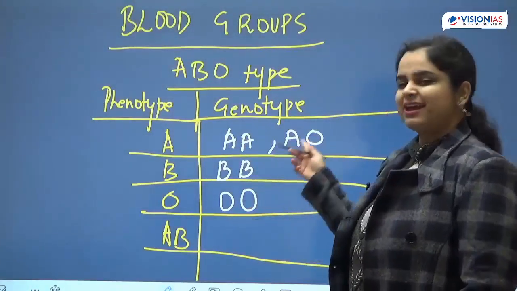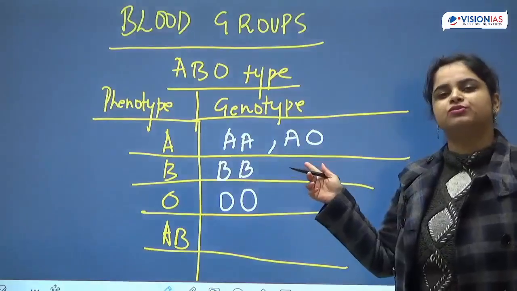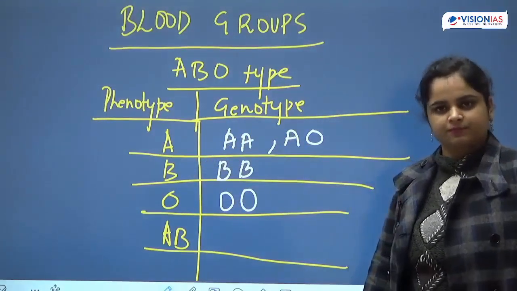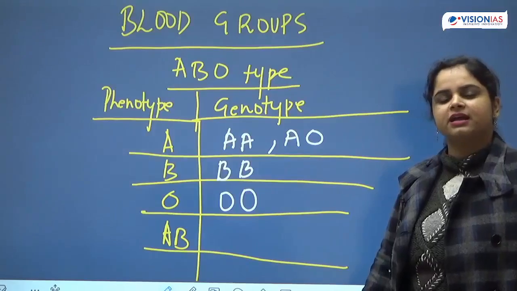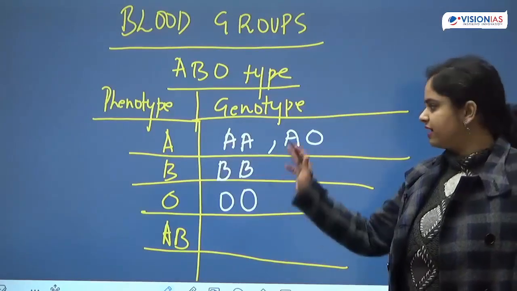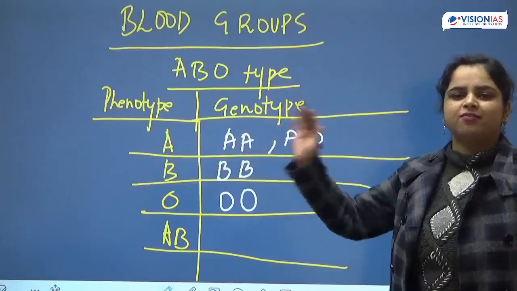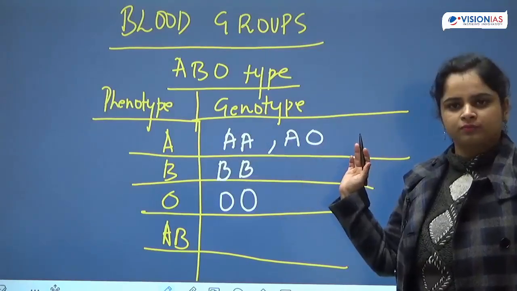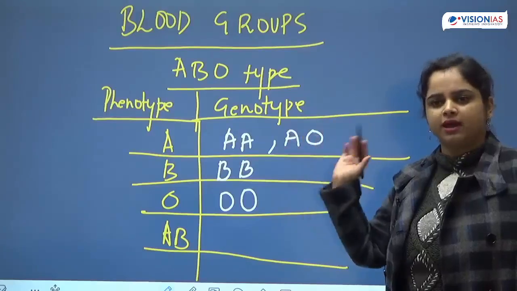So, when AO is the combination observed in an individual, the blood group is going to be A only. Just like capital T and small t, that was a tall plant. So, when A and O are there, we will have blood group A. No impact of O. O is recessive to A.